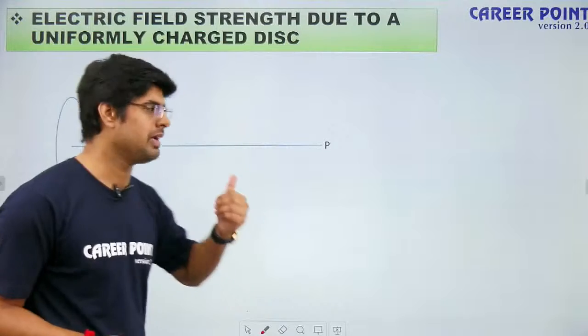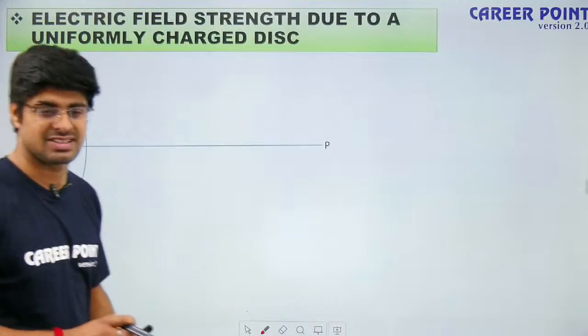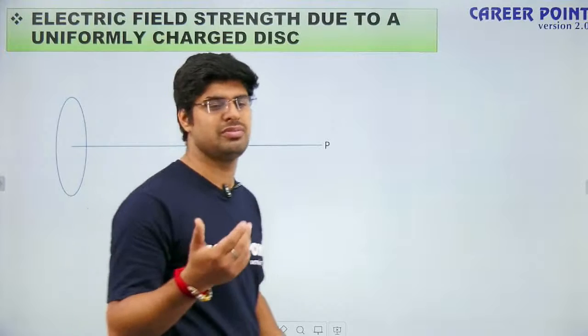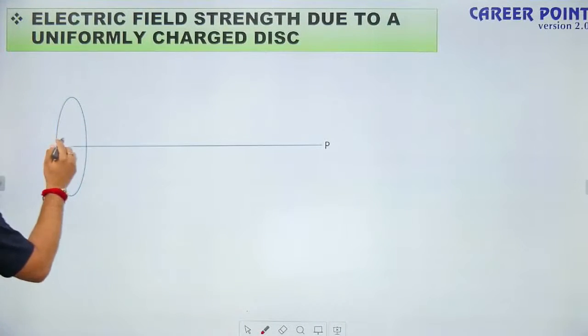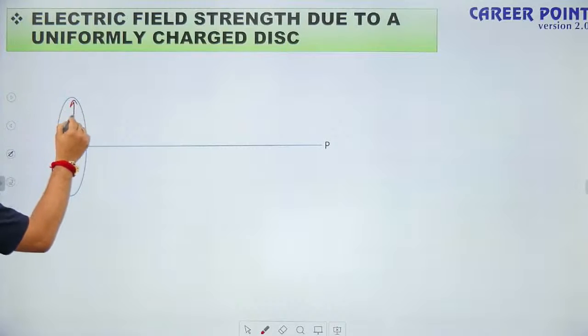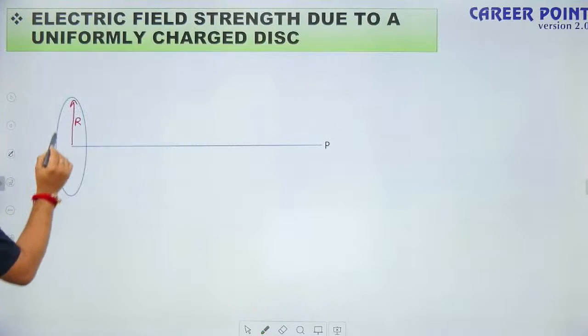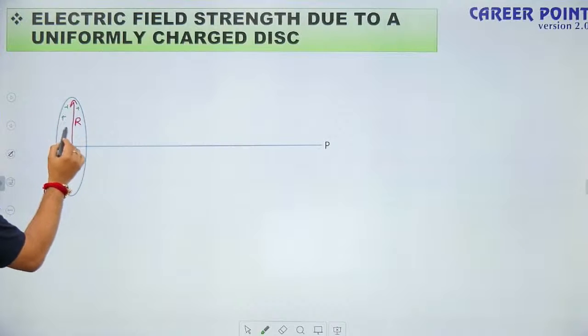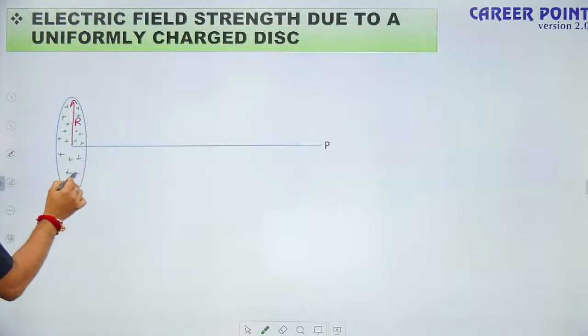What do we mean by a uniformly charged disk here? Let's say the radius of this disk is capital R. All over the surface, positive charge is present.